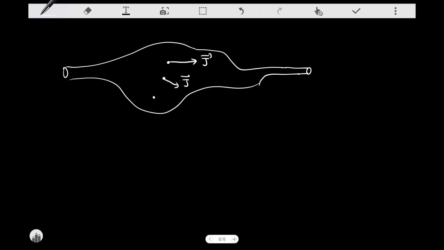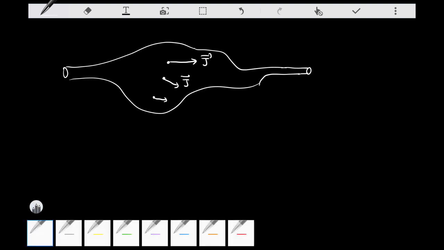So at different points, the current density itself might be different. This enables us to interpret the current density as a microscopic quantity, because it changes from point to point. So it's a location dependent quantity.